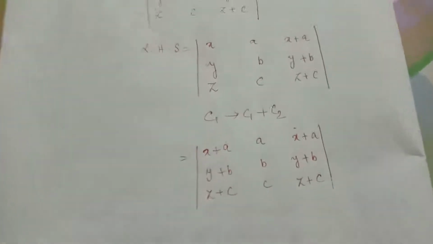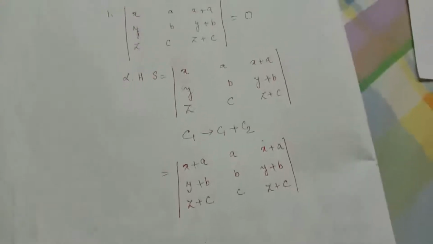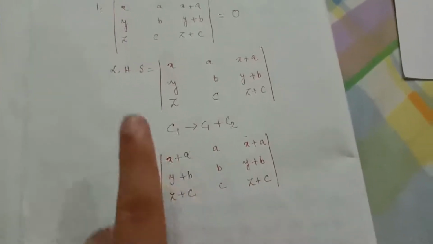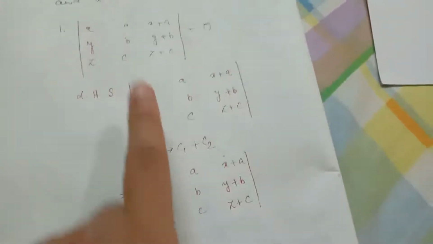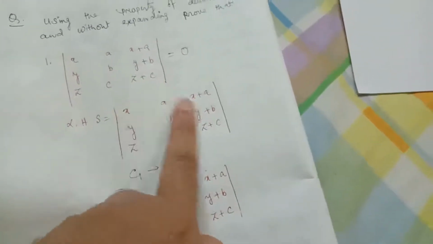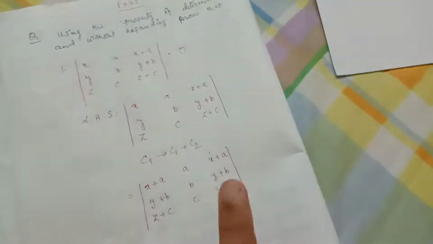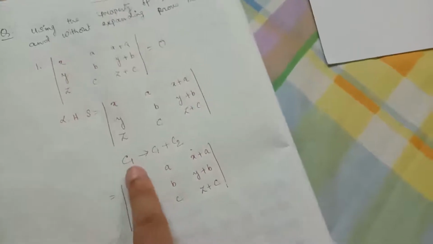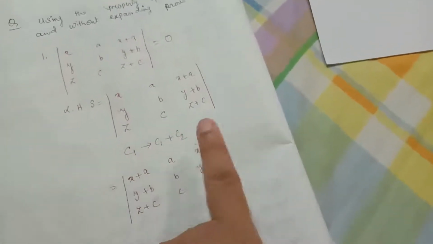Now you can see, after replacing c1 by c1 plus c2, the first column and the third column are identical.